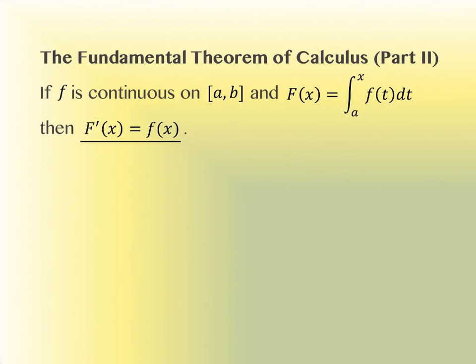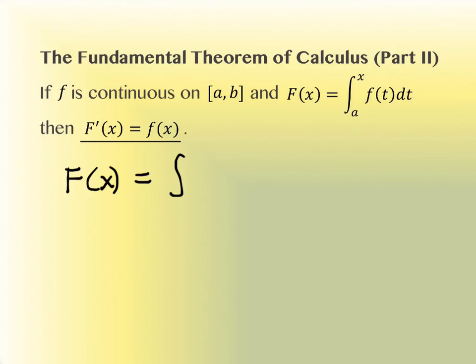This one says if f is continuous on [a, b], and you have the antiderivative, and it's equal to the integral from a to x of f of t dt, then if you were to take the derivative of what's on the left, you would simply get the function that you have on the right with x in the place of the t. So that sounds really very straightforward. And so let me give you an example here of something that would be very clean, so that then I can show you some of what happens when they're not so clean.